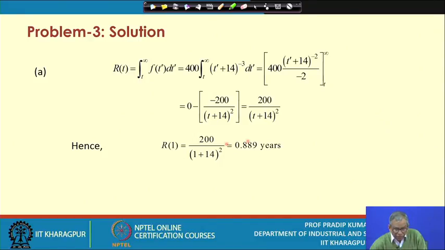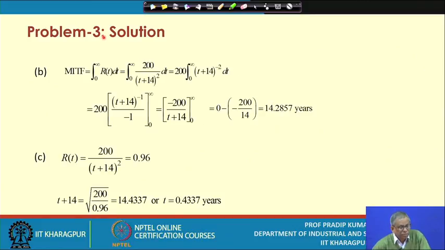Now, if t is just 1 year, you get the value of reliability for 1 year, and this is 0.889. So 0.889 is the reliability value. Now the next part is computing MTTF.